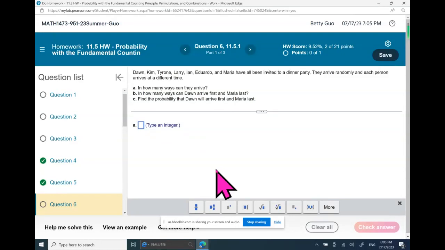I use the TI-84 calculator, the easiest way. I go to math, probability, number 4, factorial. So 7 factorial gives me 5040.